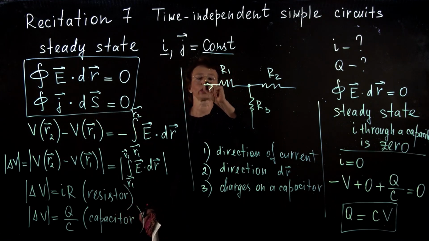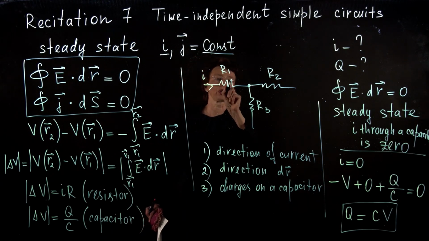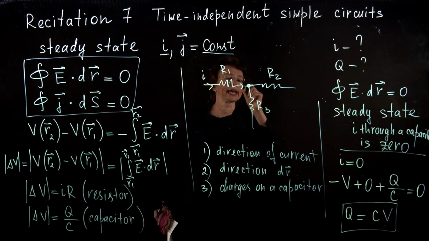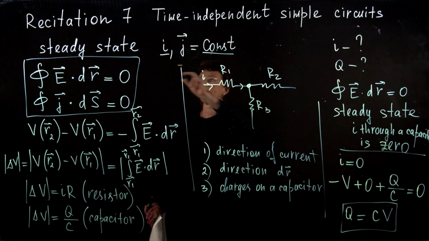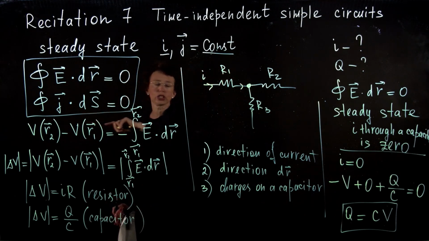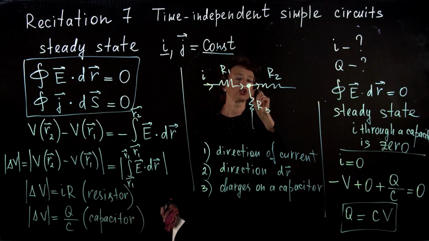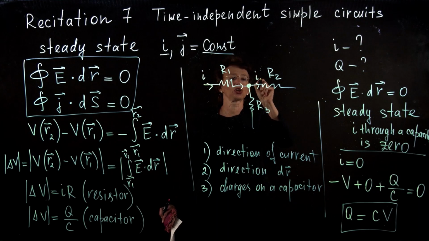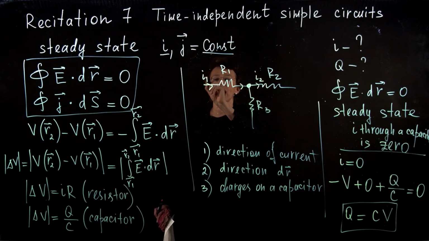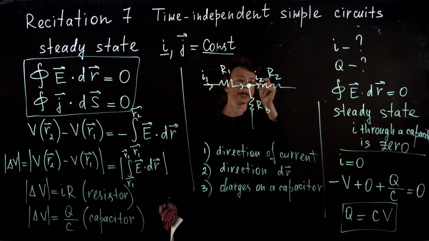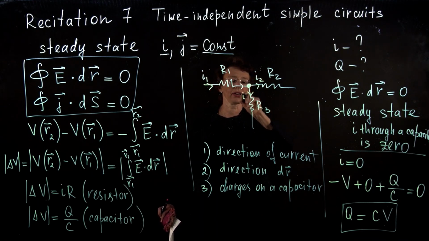So if I have current I flowing through this resistor, this current I comes to this junction, and this is steady state. So I have continuity equation. I have current that is flowing into this junction. It has to be equal to the current that is flowing out. So let's call this I1 for consistency, then I2 and I3.